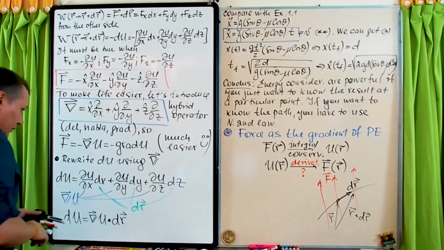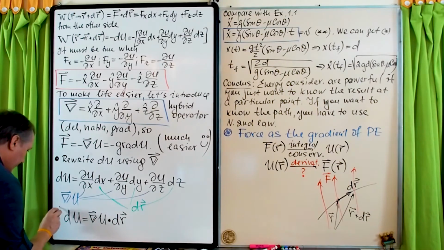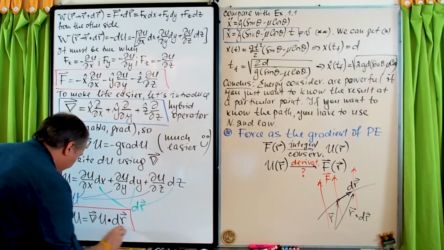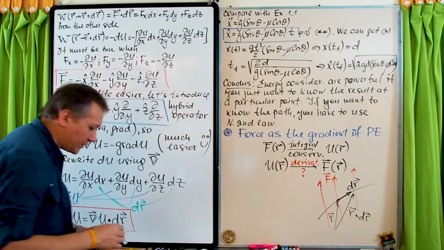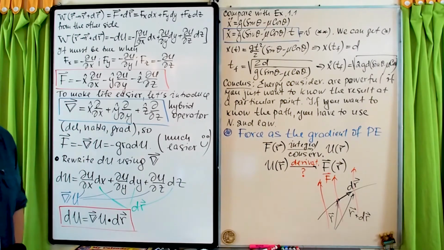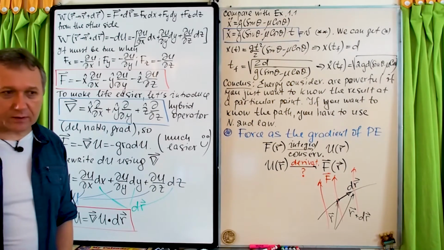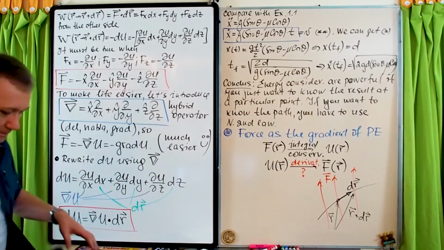We're going to use it in the future in a couple of spots. Basically, it's a three-dimensional equivalent of the expression you're familiar with from high school or maybe here in calculus: df in the one-dimensional case is f prime times dx.